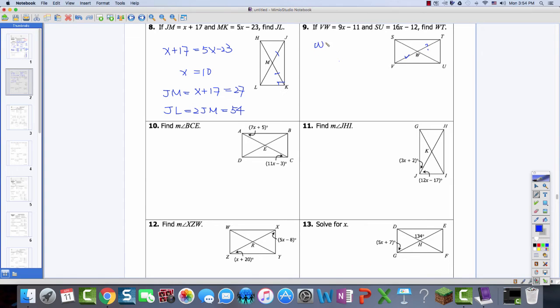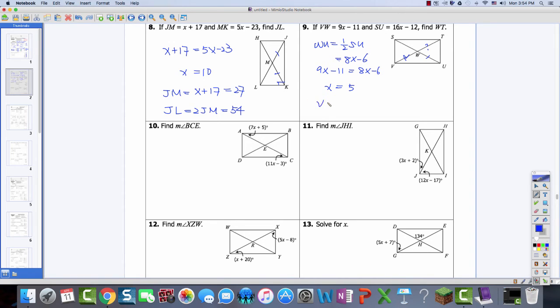So if I do WU equals half of SU, it should equal 8x minus 6, right? And then therefore this side and this side should be congruent. So 9x minus 1 should equal 8x minus 6. And you should have x equals 5 in this case.